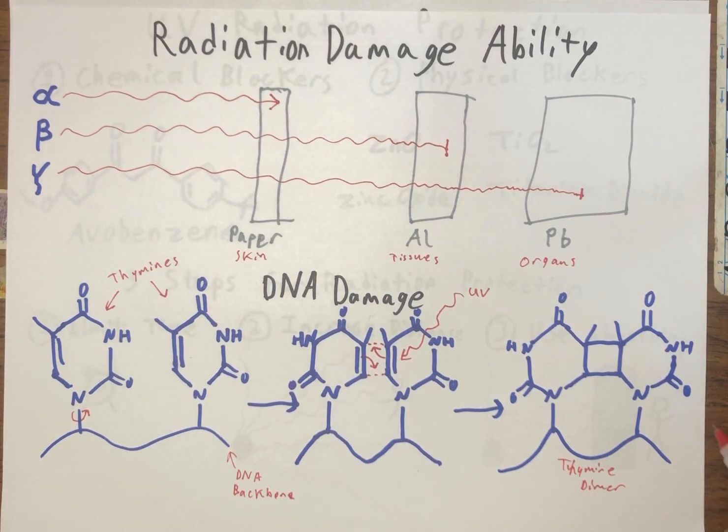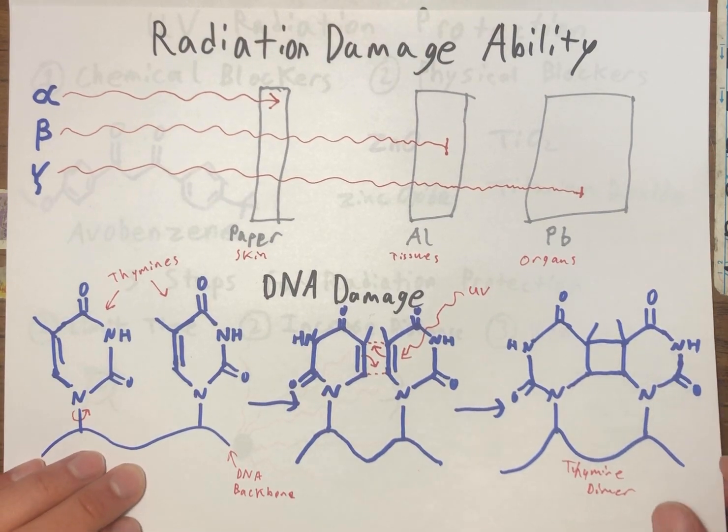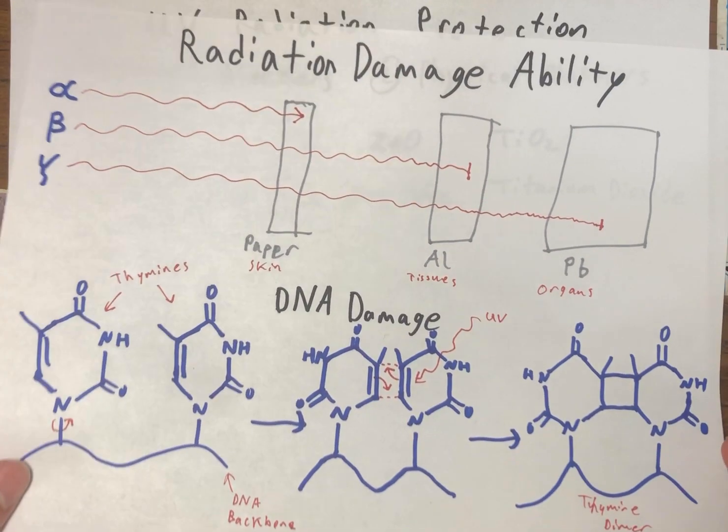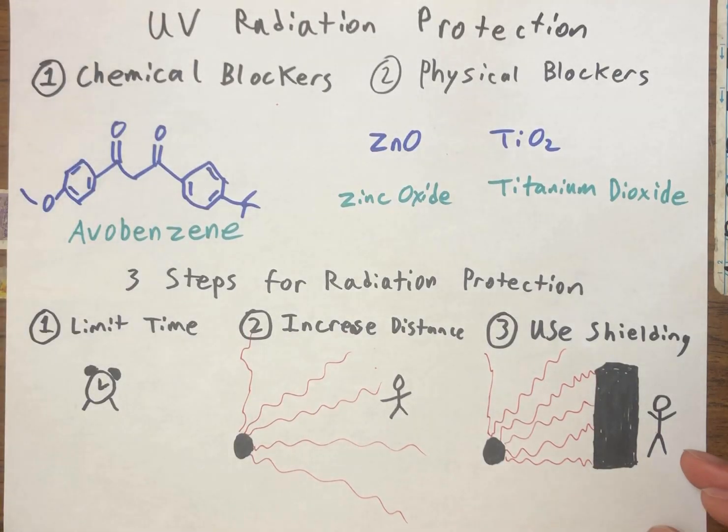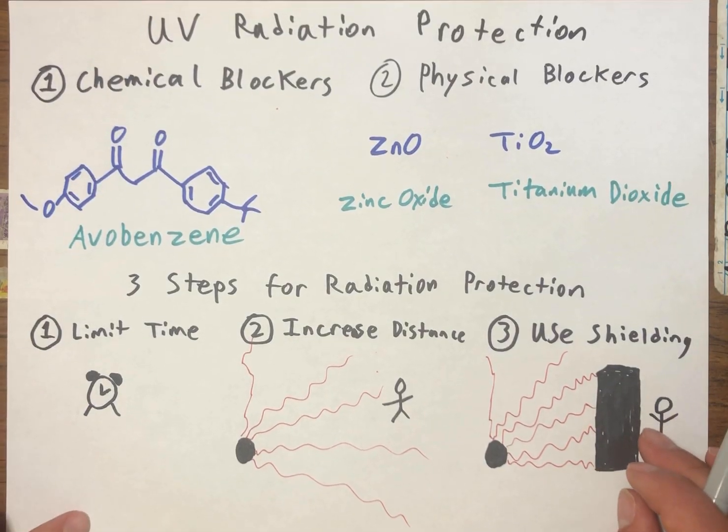This is why we get sunburns. If we experience too many sunburns and our cells are constantly trying to fix thymine dimers, we could develop skin cancer.